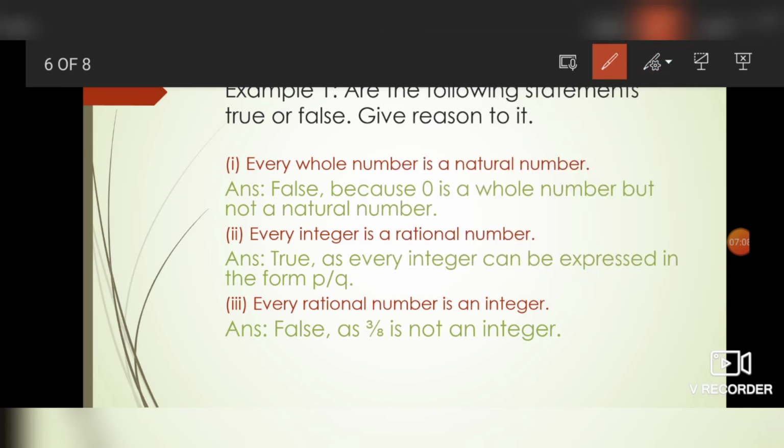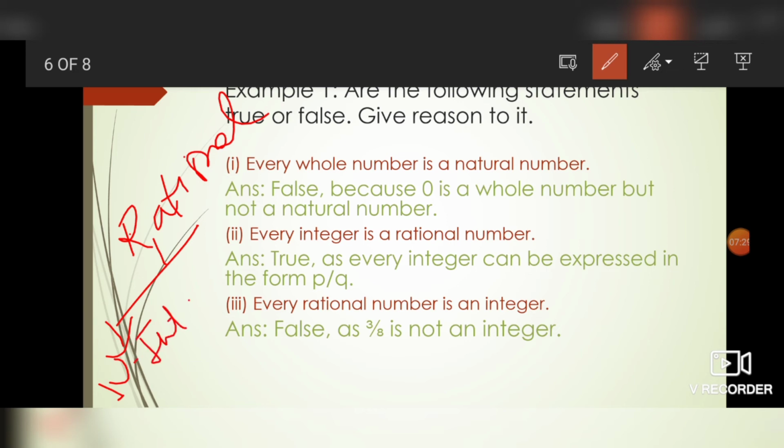The second says every integer is a rational number. So again, if we come to the classification, we can say that the rational number was classified into two forms. First one is non-integer, and the second part was integer. So we can say all integers are rational numbers, but all rational numbers are not integers.